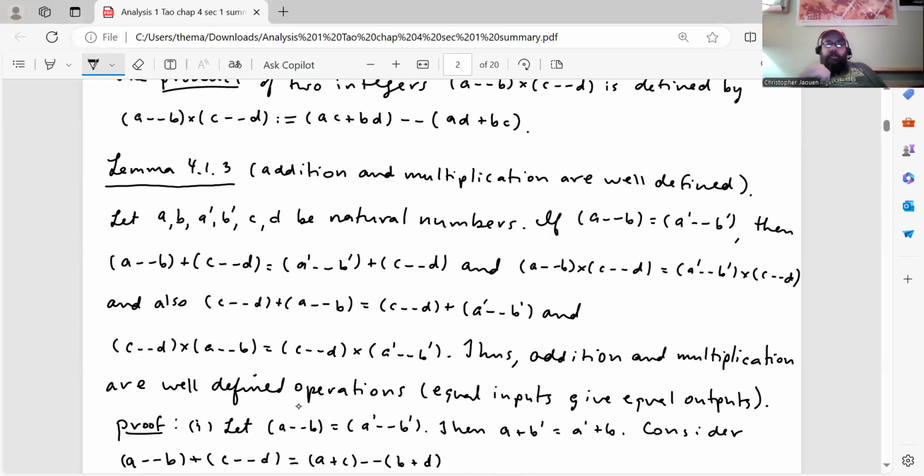So substitution, we're going to verify here. Let a, b, a', b', c, d be natural numbers.